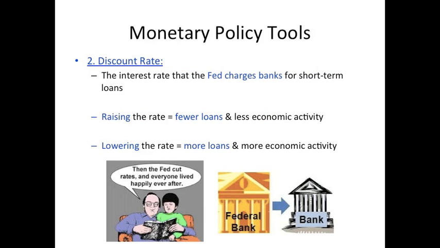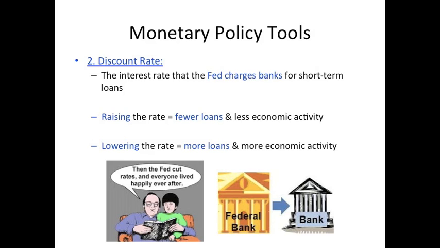Okay, the second tool to be familiar with is called the discount rate. And the discount rate is the interest rate that the Fed charges banks for short-term loans. So in other words, if a bank, think of a bank that you would go to deposit your paycheck, runs low on funds, it can borrow money from the Fed so that it can meet its reserve requirements, or if it wants to lend out more money, it can borrow money from the Fed itself.